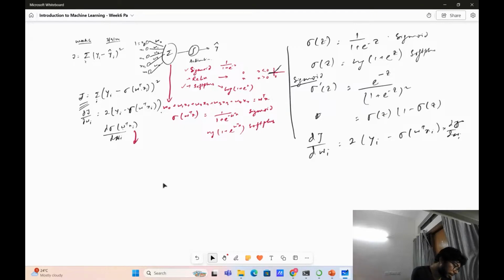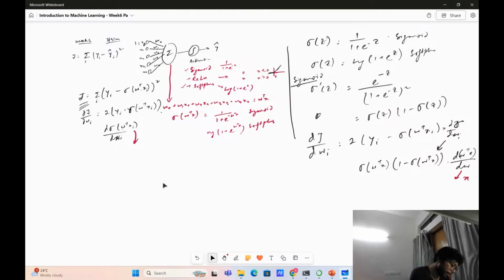So d sigma/dw_i, in the sigmoid case, would be sigma of w transpose x into 1 minus sigma of w transpose x, times the derivative of w transpose x with respect to w. That will be just x. So this value is just x.